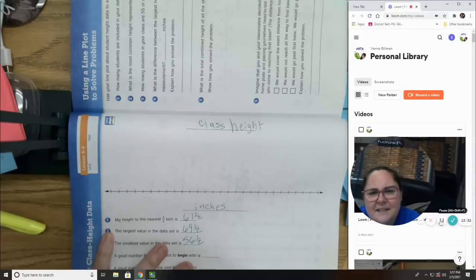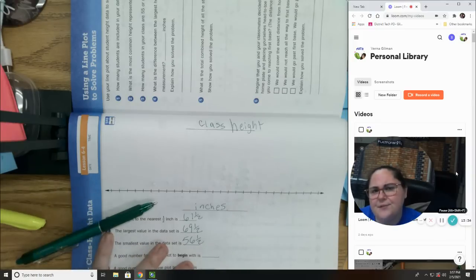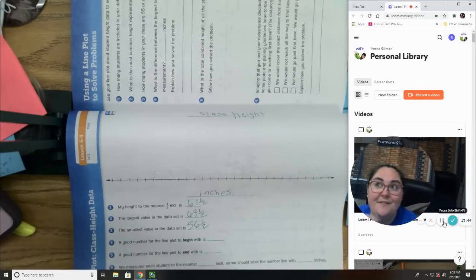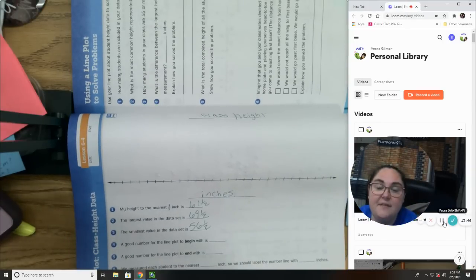How did I find 61.5 inches? If I told you I was 5'1.5", how did I find 61.5 inches? Well, I did 5 times 12, because it's 5 foot. 5 times 12 is 60. And then I added that 1.5 inches, 61.5.